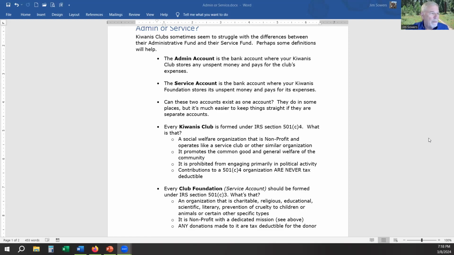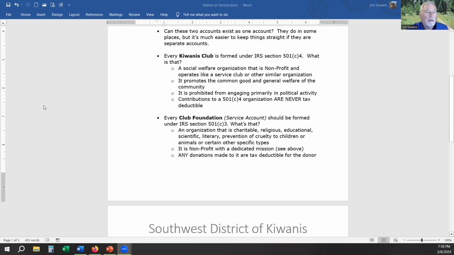And so how does that make a difference then when it comes to the service account or the foundation side? Well, every club foundation, and most clubs do have one, not all do, but most do. Every club foundation, your service account per se, should be formed under IRS section 501(c)(3). And that differs from the 501(c)(4) in a couple of very significant ways.